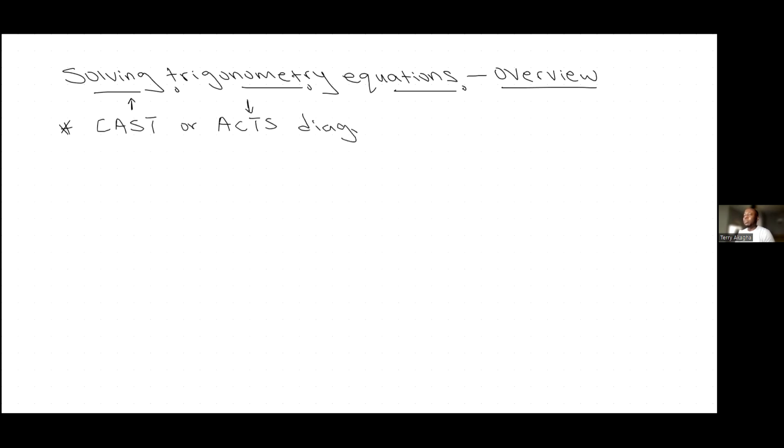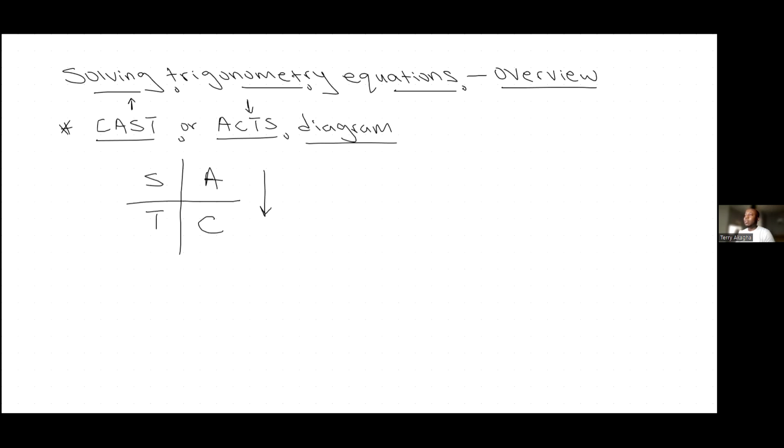Depending on what you have, the diagram basically looks like this. If you're talking about it as CAST, it's going to be C, A, S, T. But if you're talking about ACT, it's going to be A, C, T, S. So if you're coming downwards from this point, you call it ACT.